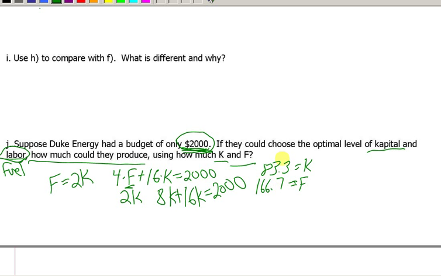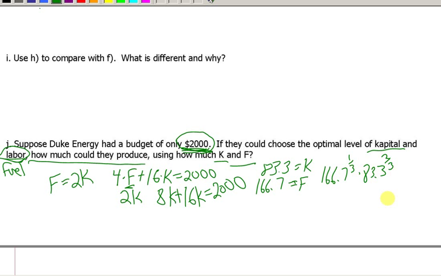Fs. And how much output are we going to be able to produce here? Plug these back into that production function, which is F to the 1/3 times K to the 2/3. So 166.67 to the 1/3 times 83.3 to the 2/3, and see how much output we're going to get there. And this will be our last calculation.